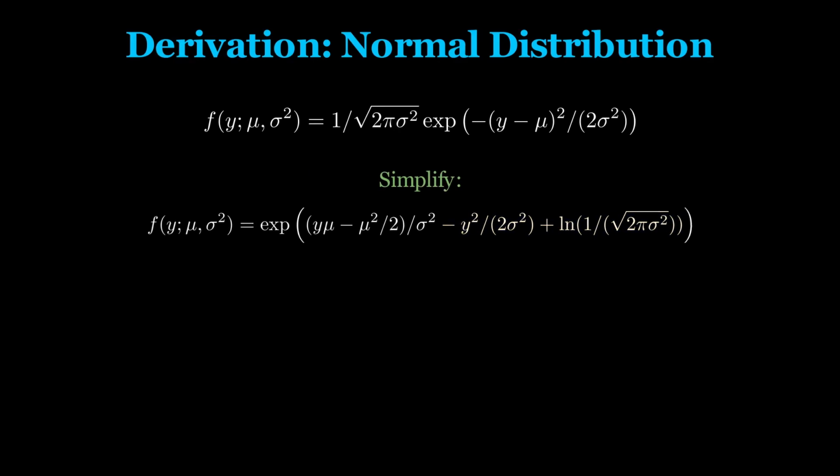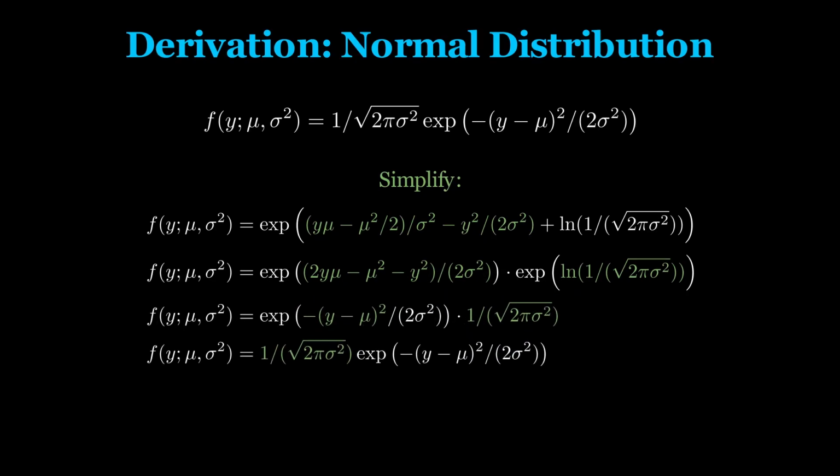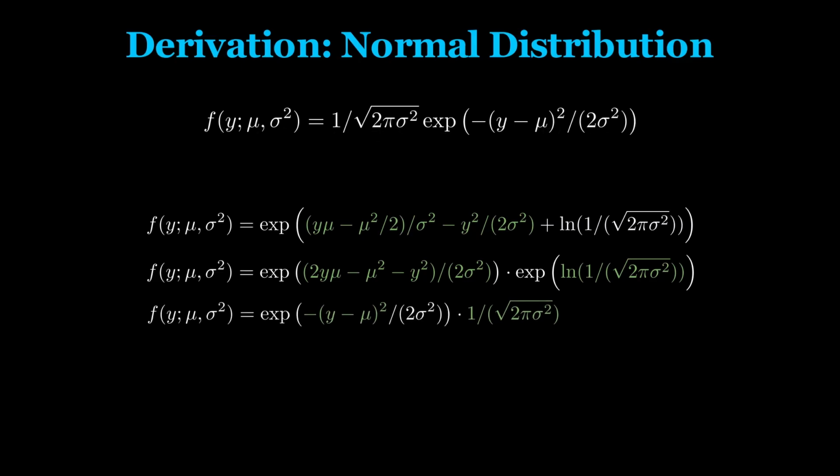Simplifying and combining terms, we see that this expanded form is equivalent to the normal PDF we started with. Since the normal distribution can be rewritten in the exponential family form, it is a member of the exponential family.